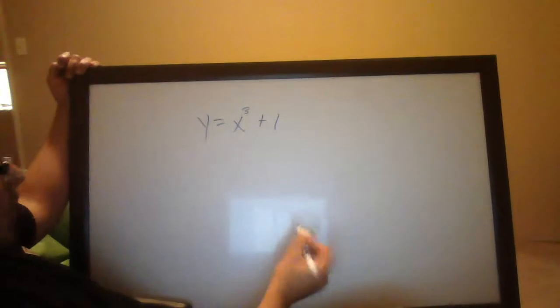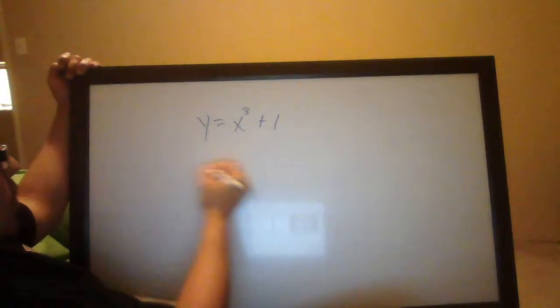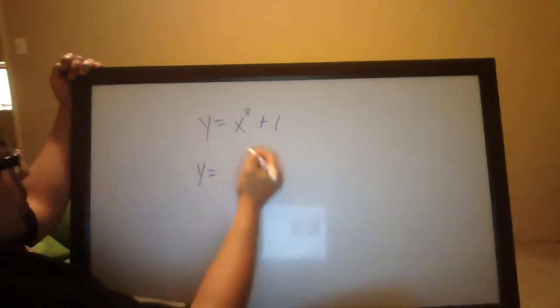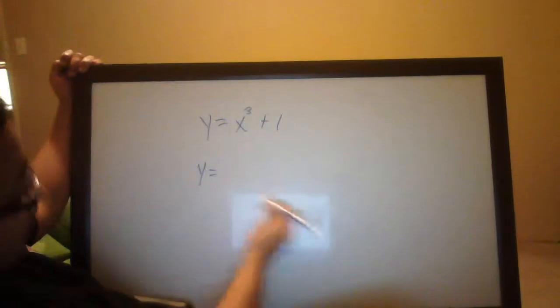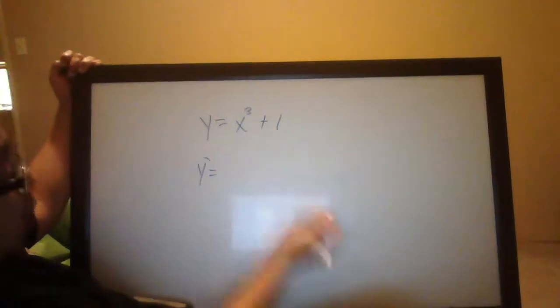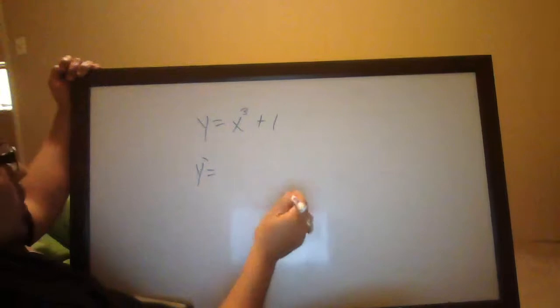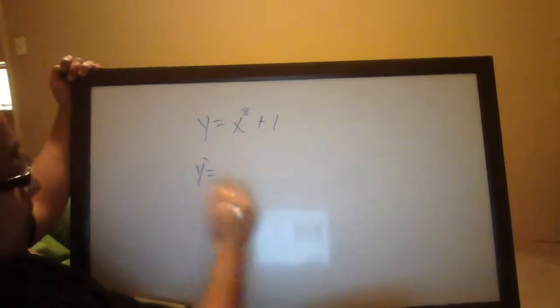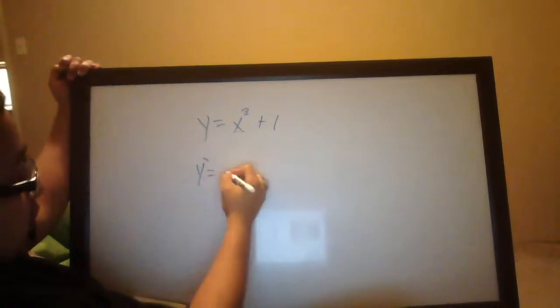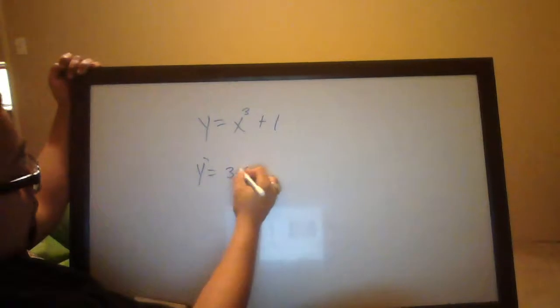So let's take the derivative of this one. So again, basic idea is to multiply. So we're going to put y prime. Again, the prime means derivative. So multiply the exponent by the constant in front of the variable. So 3 times 1, 3. Write the variable.